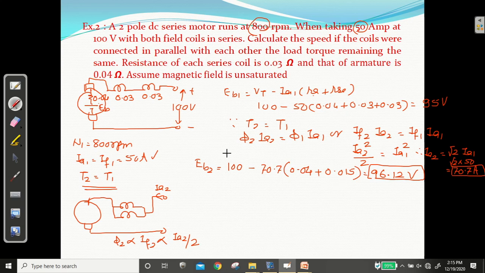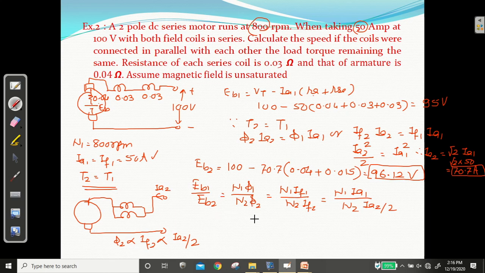Now we know EB1 upon EB2 equal to N1 phi 1 upon N2 phi 2, that is N1 IA1 upon N2 IA2 by 2. I have told you this here.